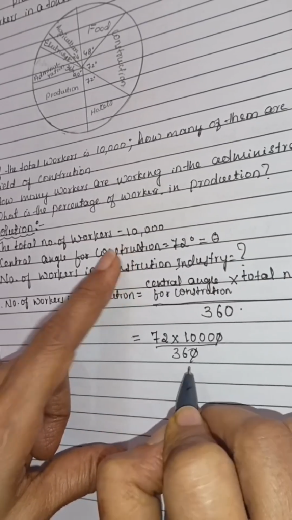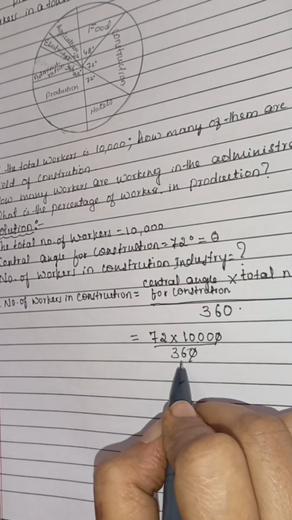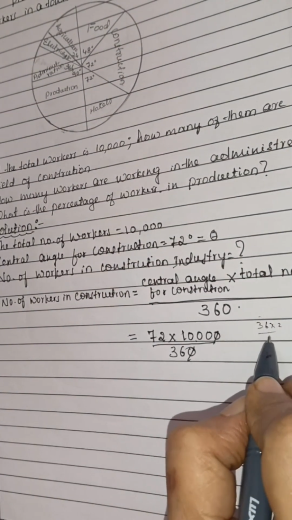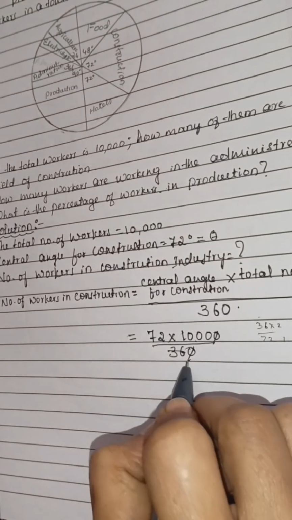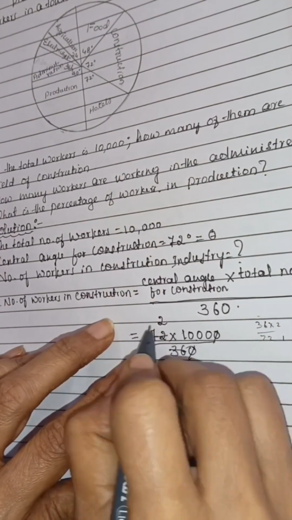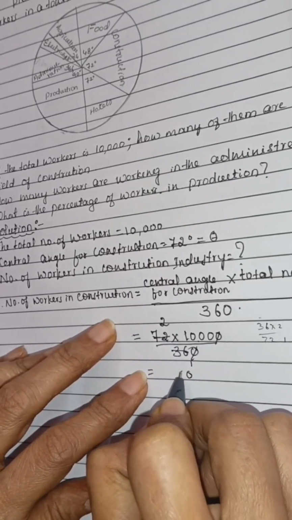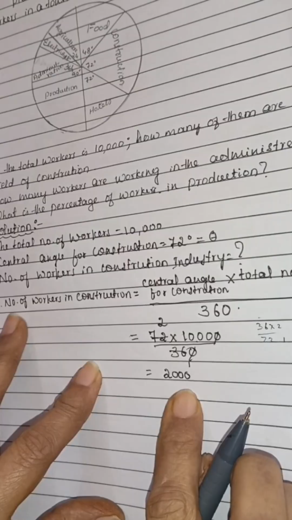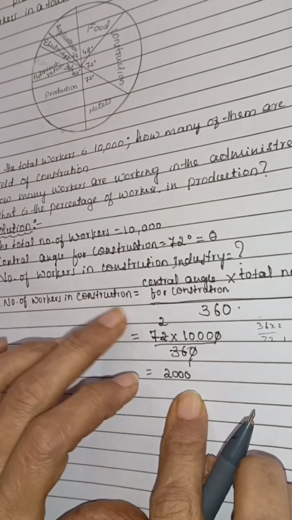A zero is gone. Now 36: 1 time 36 is 36, 2 times 36 is 72. Therefore, 1000 multiplied by 2 gives 2000. What is this 2000? The number of workers in the construction industry.